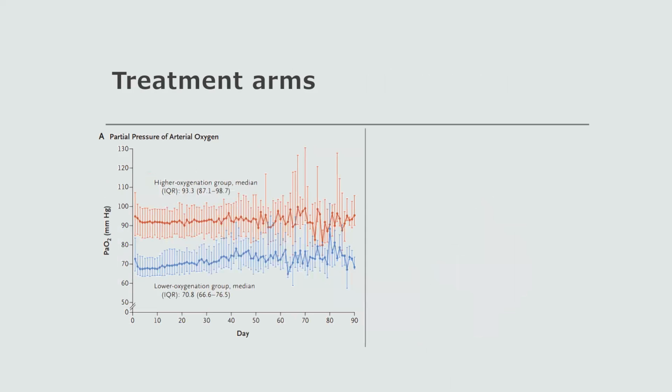So we have here some results. Here are the main results of the groups. We are going to talk about this a bit later as well, but here we have the partial pressure of the oxygen in the blood, and we have the days in the ICU. We have the two groups, the higher oxygen target in red and the lower in blue.